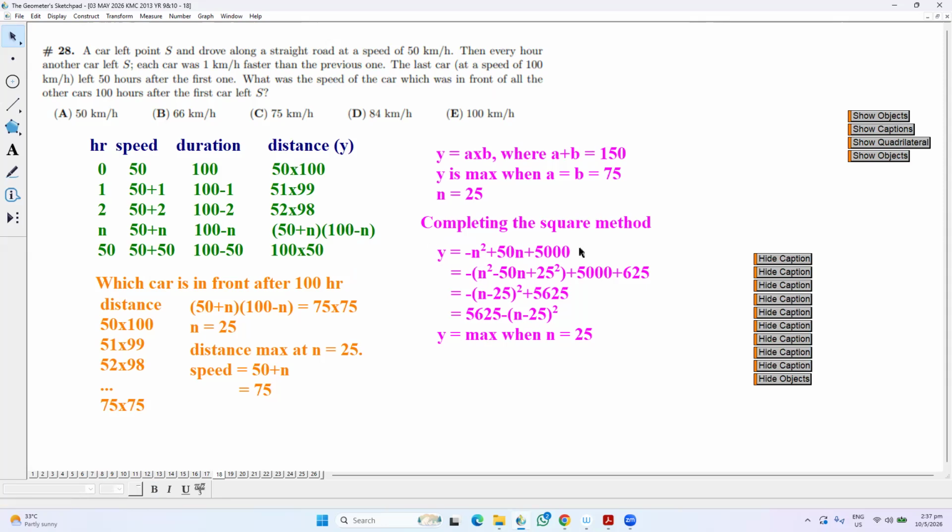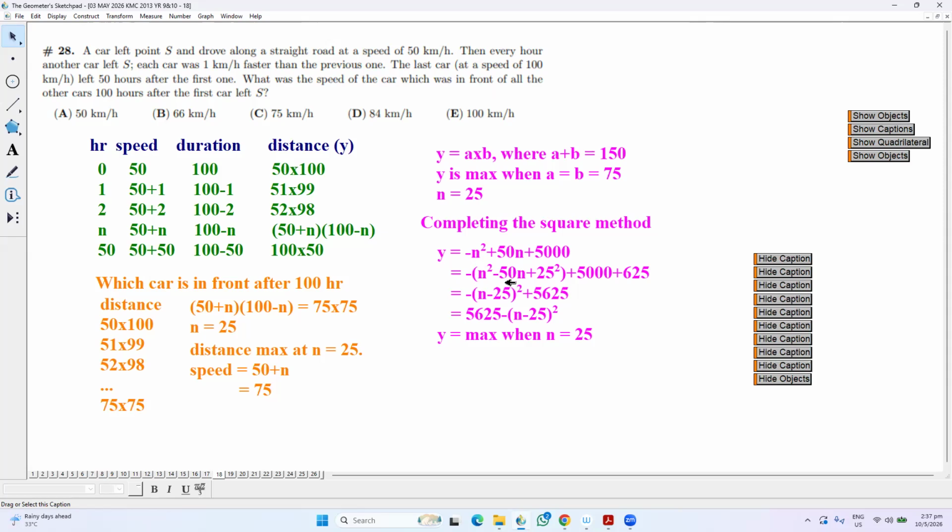To complete the square, we must take out the negative sign. Coefficient of n square must be 1. Then we must also include the term 50n, which is now negative. Negative and negative is positive. And then we take 50 divided by 2, n square. So 2 step.